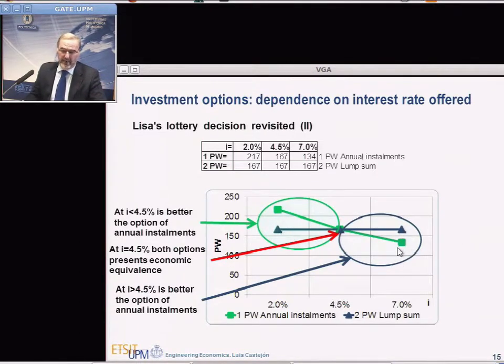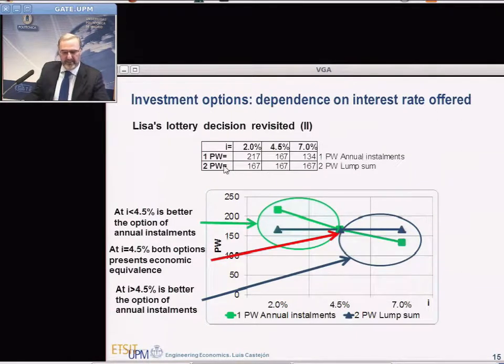And inversely, in the case of a higher interest rate, you will prefer to have more money today as a lump sum, than receiving installments, because you are discounting the future payments very much, dividing by 1 plus 0.7, which is a high discount factor.